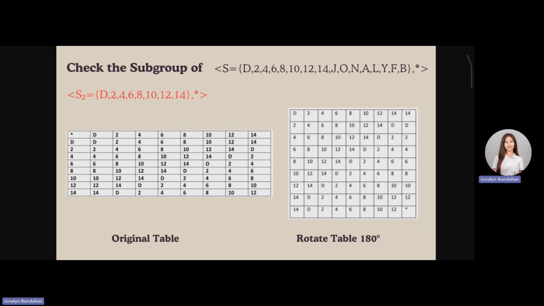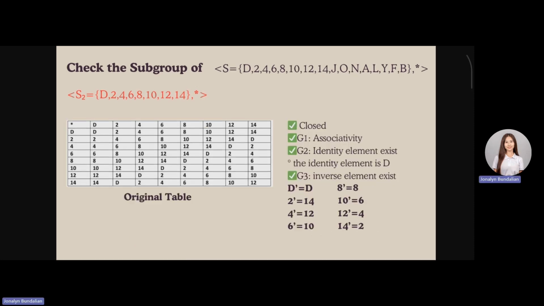And when we rotate the table 180 degrees, as we can see, it is closed and it is associative, and an identity element exists, and the identity element is D. So the inverse element exists.